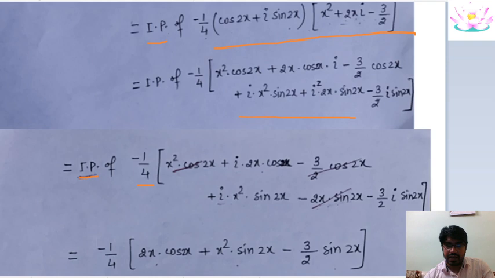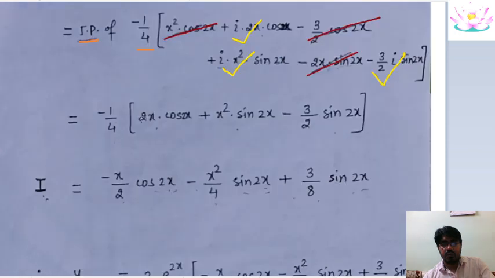Okay, what do we get then? We are getting minus 1 by 4 into bracket open 2x into cos 2x plus x square into sin 2x, minus 3 by 2 sin 2x.